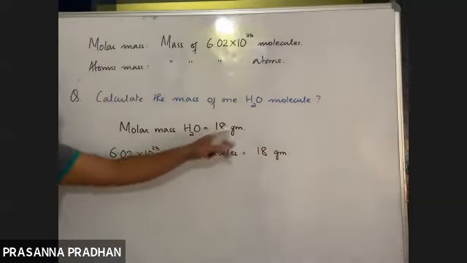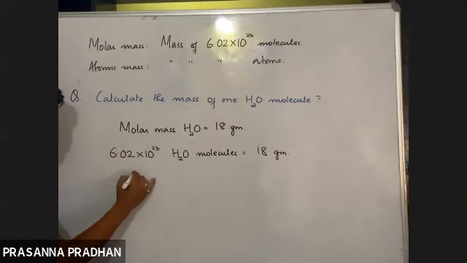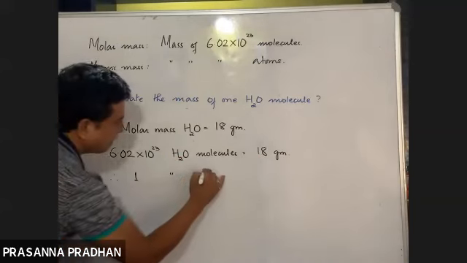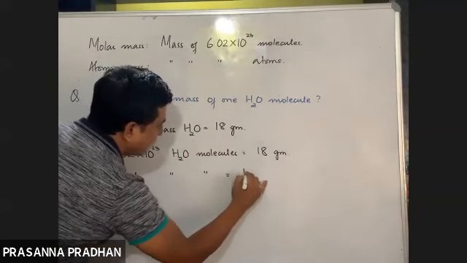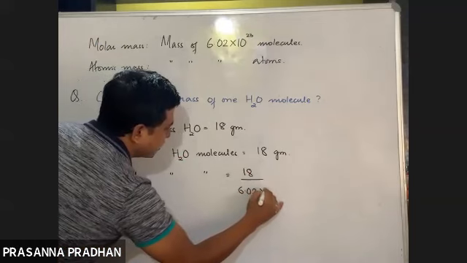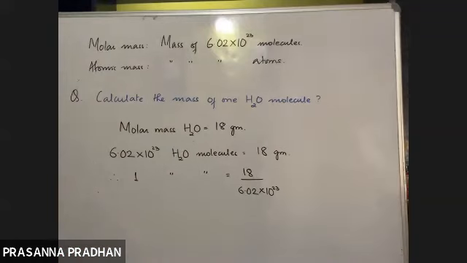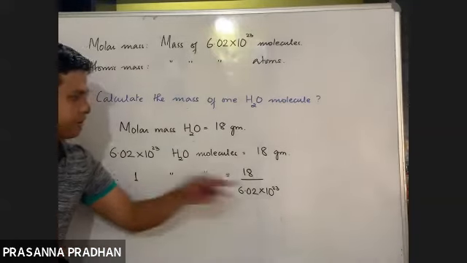Okay, 18 gram means 1 mole, and 1 mole contains Avogadro number of water molecules. So 18 gram is the mass of Avogadro number of water molecules. So therefore, what is the weight of 1 water molecule? It will be 18 divided by 6.02 into 10 to the power 23.